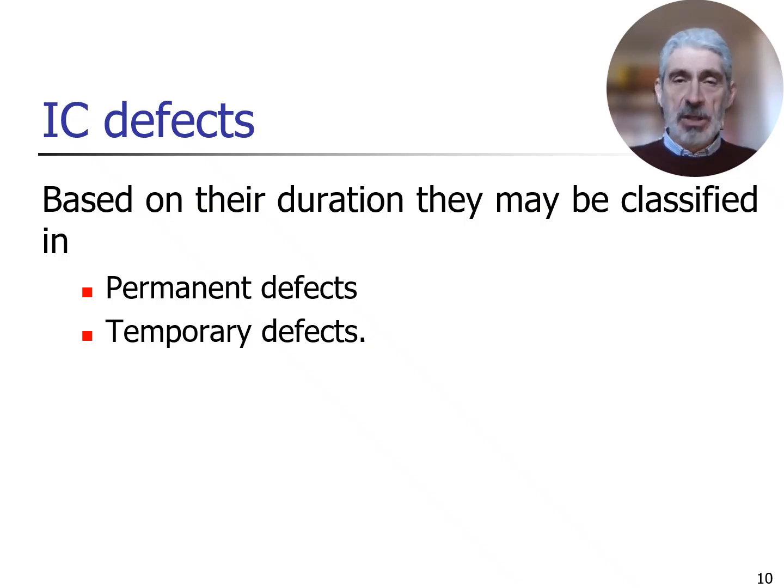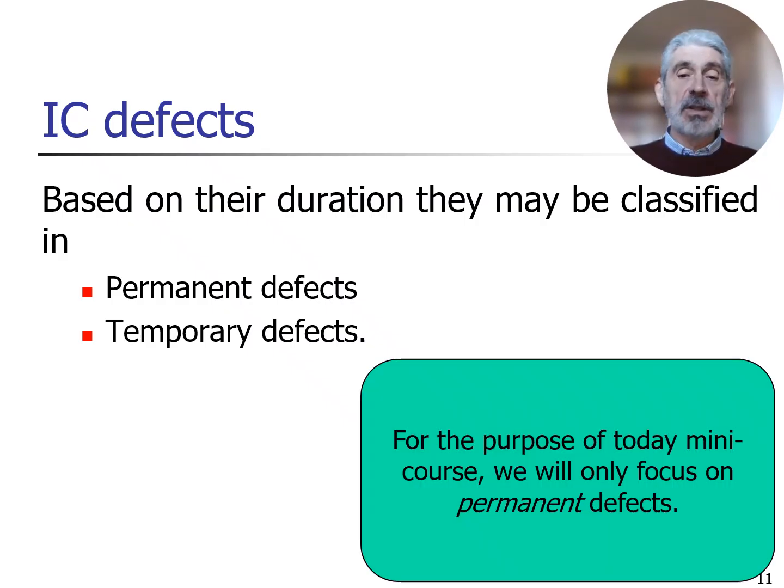It affects the circuit, which does not work correctly, but the circuit structure is typically not affected, and the circuit, if reset, for example, may continue working without issues. On the other side, there are permanent defects. Something that starts at a given time, either during the operation phase or during the manufacturing, and from that time on, this circuit structure will stop working correctly. Okay, this is a permanent defect. And for the purpose of this talk today, we will only focus on permanent defects.